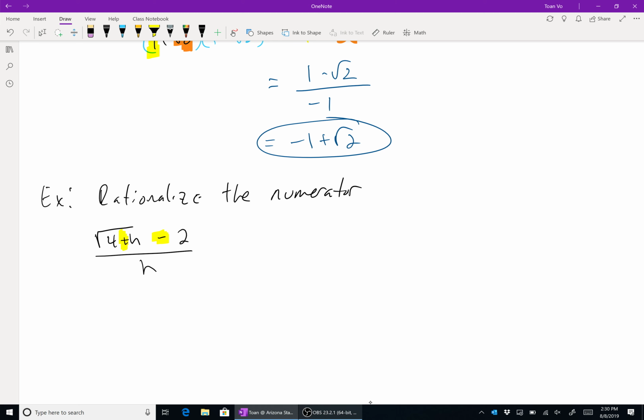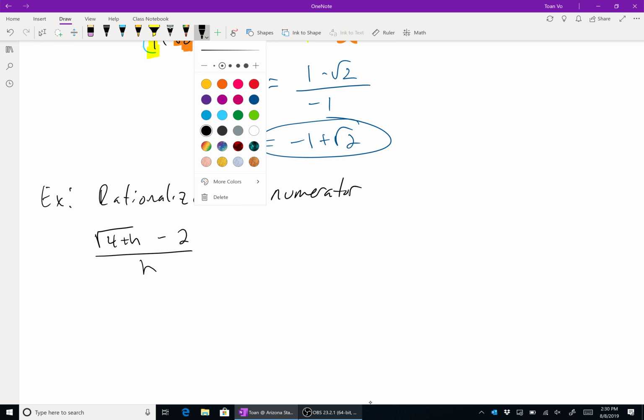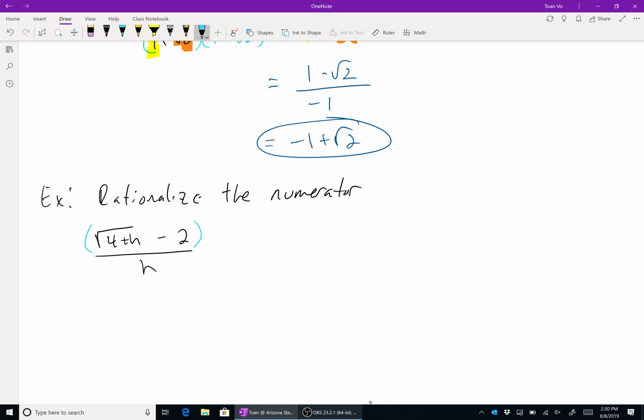Don't change the inside plus symbol because that is not the binomial part. It's the subtraction here. So when I multiply, I would be multiplying by rad 4 plus h. That stays put, but instead it's going to be a plus 2. Right. So that's the only reason why I wanted to do this example. So just to forewarn you, you're only going to flip the main middle symbol.